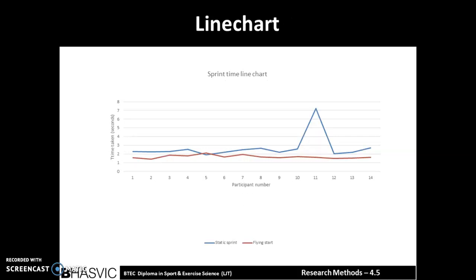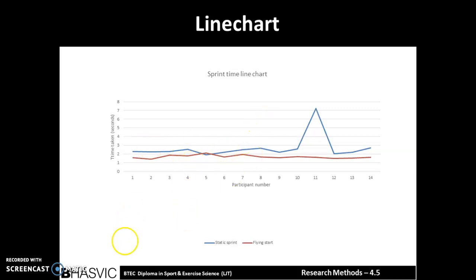So this is a line chart, and this shows two sets of results for the same performer in two different tests, and it compares them. In this situation, it shows the results of a static sprint test, which is the blue line, and a flying sprint test, which is the red line. So this would allow the researcher to be able to see who achieved the highest scores in both tests.